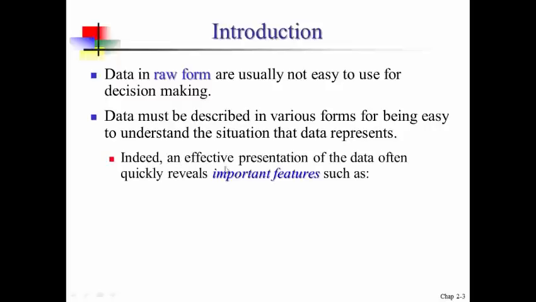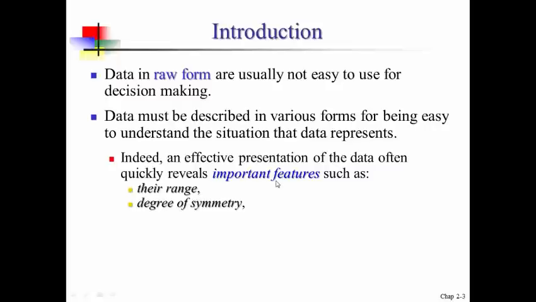Indeed, an effective presentation of the data often quickly reveals important features. Okay? Important features such as their range. Range is like coverage or scope, or limitation. Degree of symmetry.